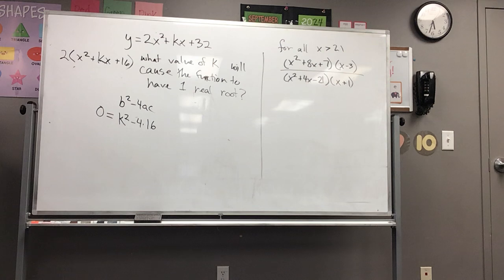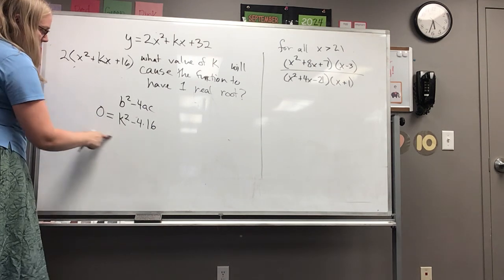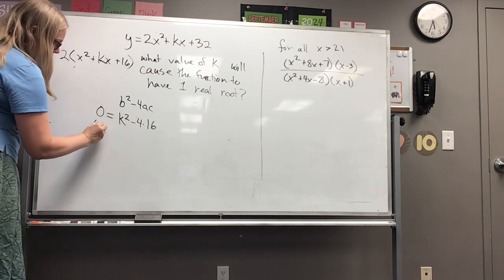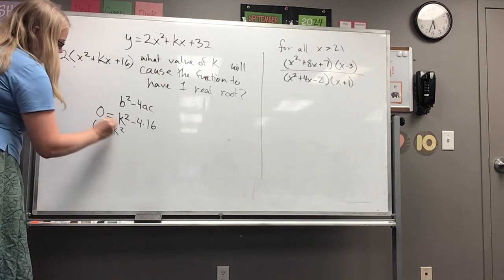So what will 4 times 16 equal? 64. So we end up adding that over. We have 64 equals k squared.